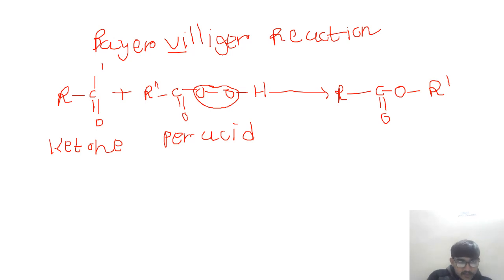Both groups are mostly similar, so that's why I've just written R here. So this ester is formed. What you have to simply remember in the Baeyer-Villiger reaction is that it is a reaction between a ketone and a per acid, and it will give you an ester compound. I hope it is clear, it's a very simple reaction between the per acid and ketone.